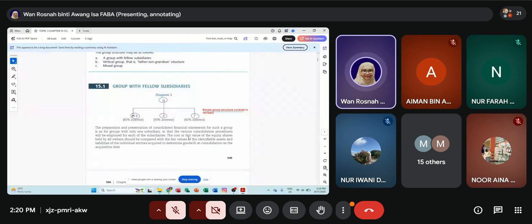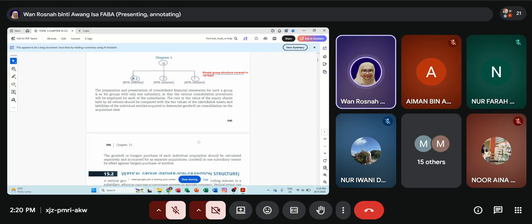As I mentioned just now, the cost or fair value of equity shares held by the owner should be compared with the fair value of the assets and liabilities of the individual entities acquired to determine goodwill on consolidation. So in order to determine goodwill on consolidation, cost of investment plus NCI are compared with the net assets of all the subsidiaries.